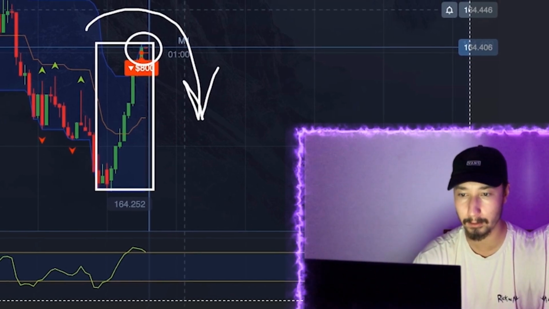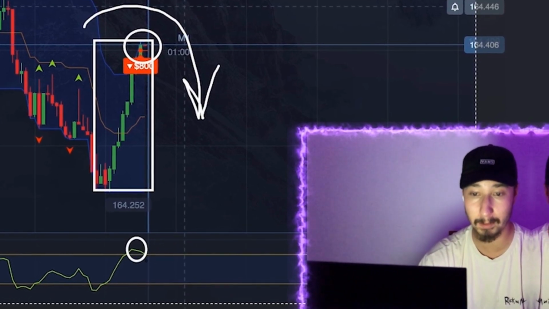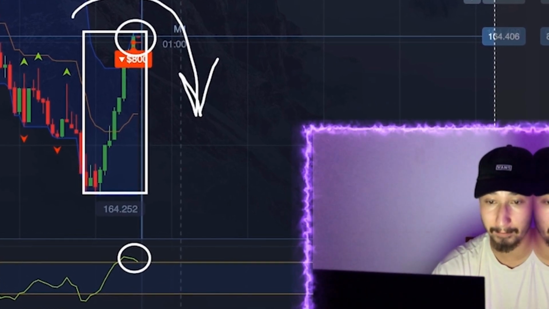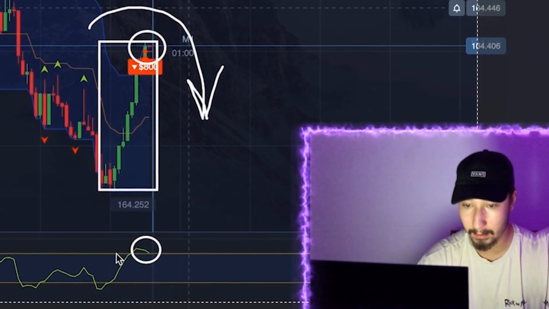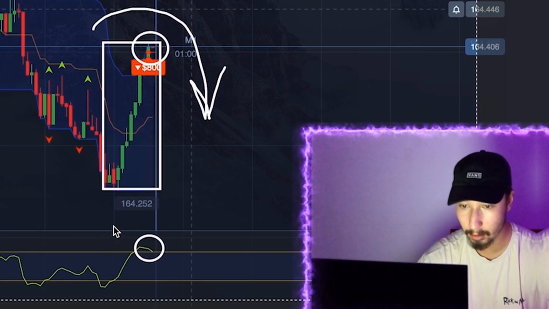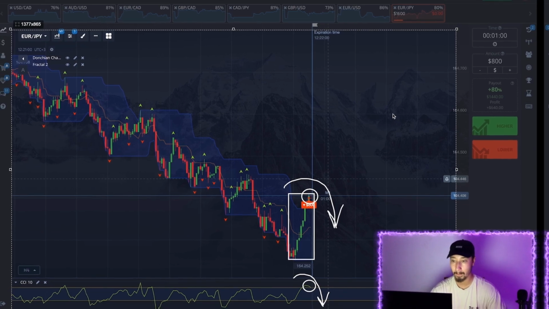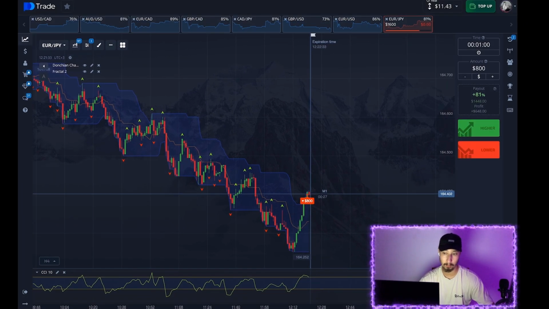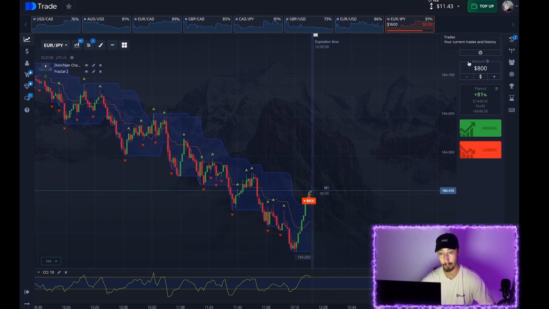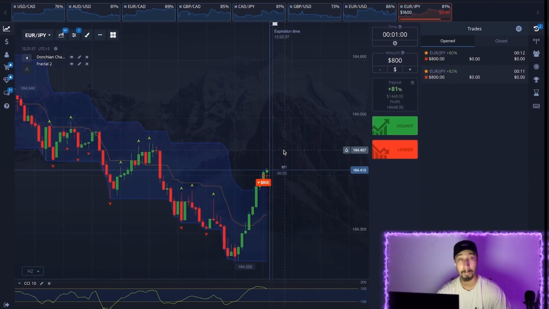On the oscillator, we also see a crossover from bottom to top. We should have the area overbought. So accordingly, this is our signal to open a bearish trade, which is what we just did. So let's just watch the results.